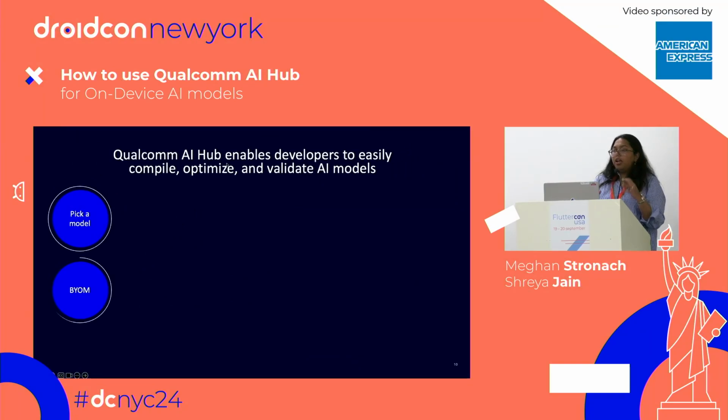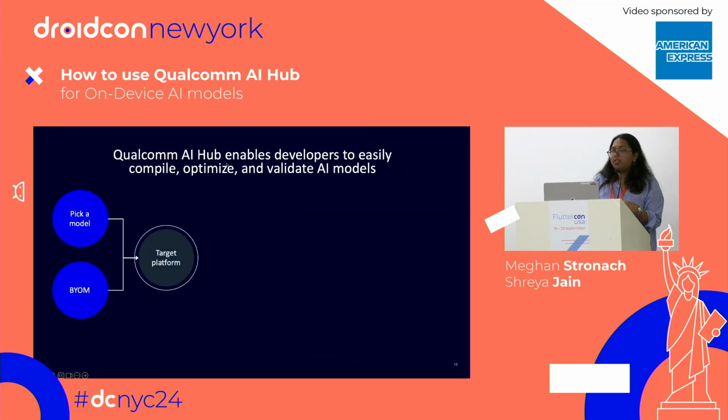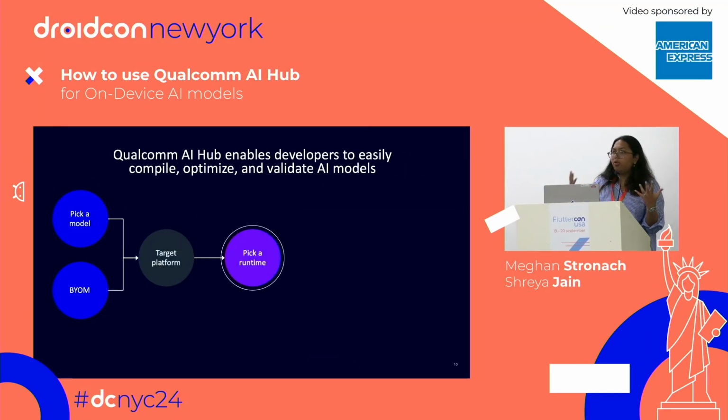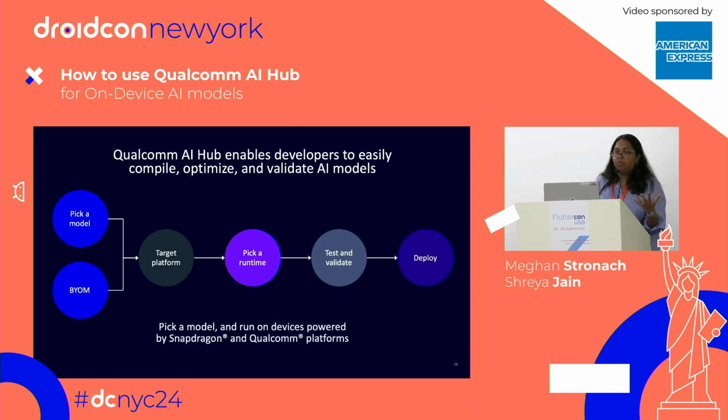So I think any developer's workflow is pretty simple, and it can be broken down into steps. The first step is always to pick a model. You can either pick a model from all of the models that we already have on our website, or you can bring your own from Hugging Face or any other open source project on GitHub. And then you have to decide your target platforms. For example, we have mobile, compute, IoT devices.